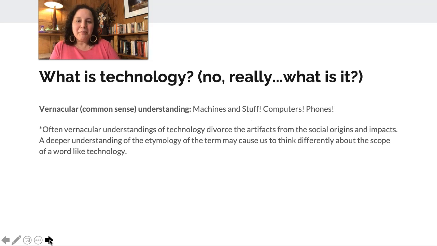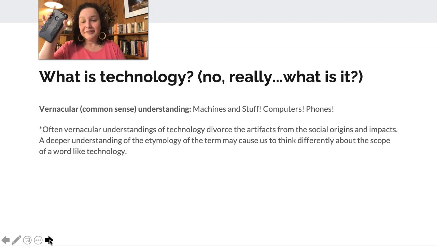So when we think about what technology is, there's of course a common sense understanding of what technology is. Anybody can hold up their brick or whatever and say, this is technology. And you are not wrong. But if we think about a broader understanding of what technology might be, what we're starting to think about is what distinguishes technology from what is not technology.